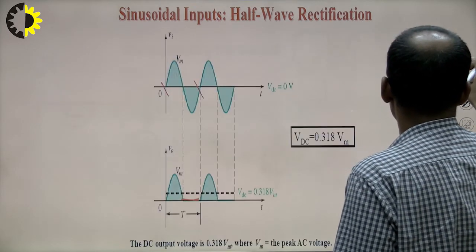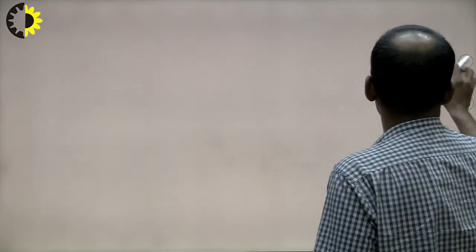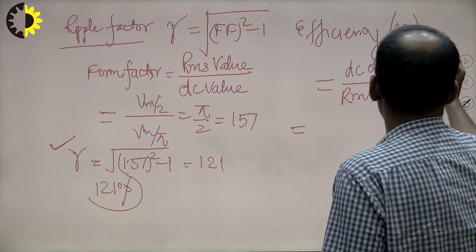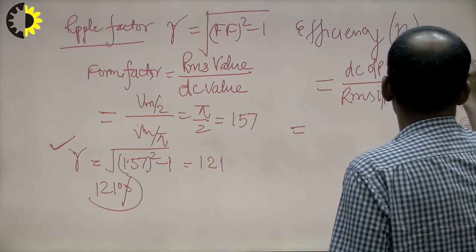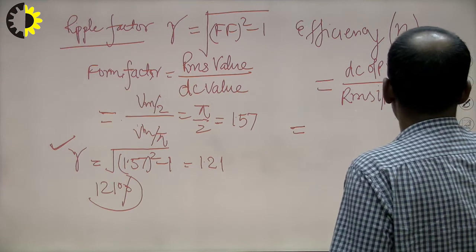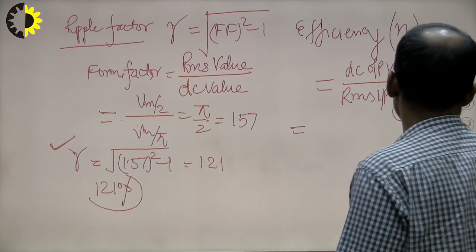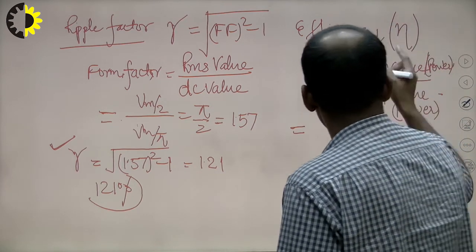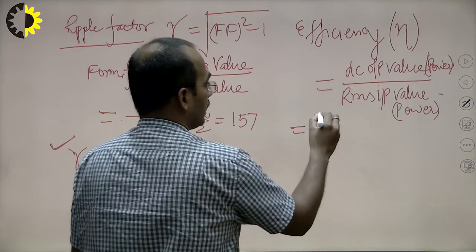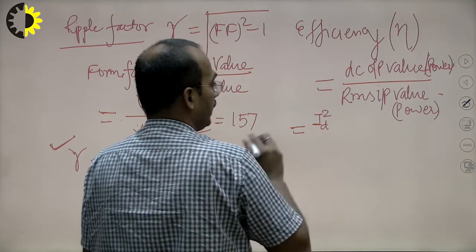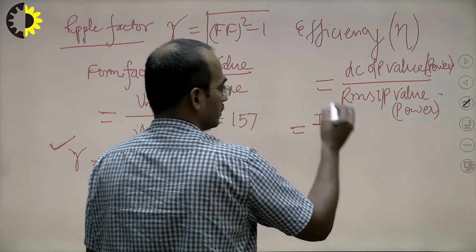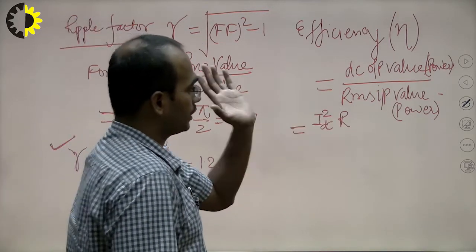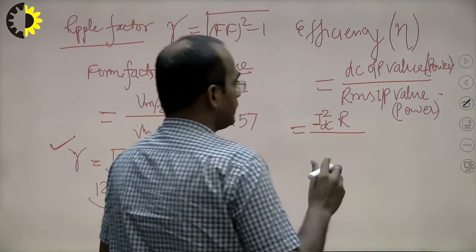PDC is nothing but P is equal to I square R. So, DC output power upon AC input power. DC output power will be I DC square into the resistance R. I am taking the output across the load resistance R, upon AC input power.